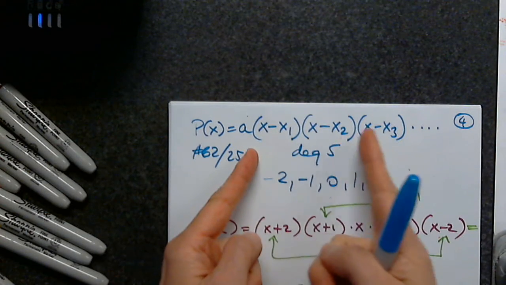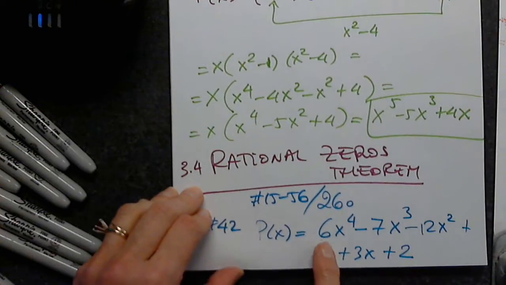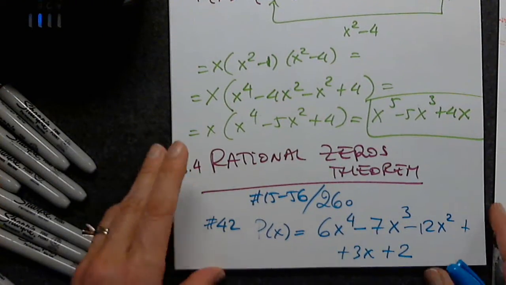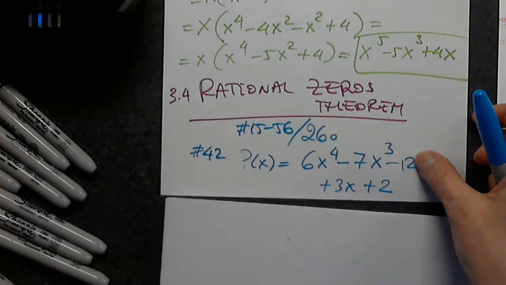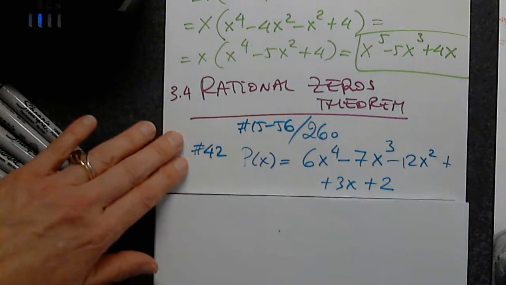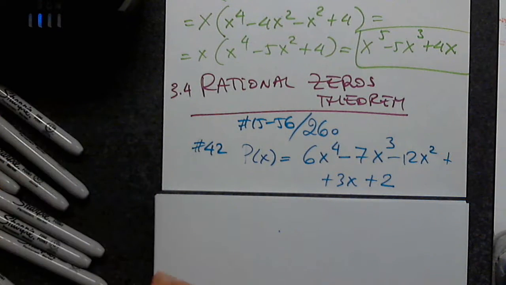I will have 1, 2, 3, 4 factors. The leading coefficient, I don't know. I'll have to see. This polynomial may be factorable, but I have no idea how to factor it, not even where to start.